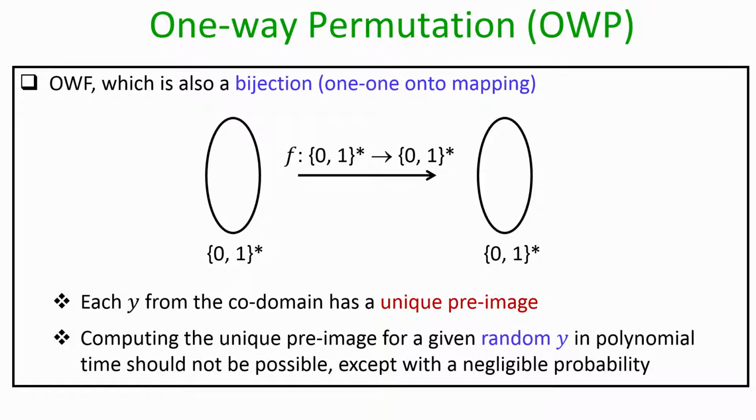But the running time of this brute force algorithm will be proportional to the size of the domain, and if the size of the domain is exponentially large, then the inversion algorithm's running time is also exponential. So, that is why in the experiment where we model the inversion part both for the one-way function as well as one-way permutation, we put the restriction that the running time of the adversary should be polynomial time.